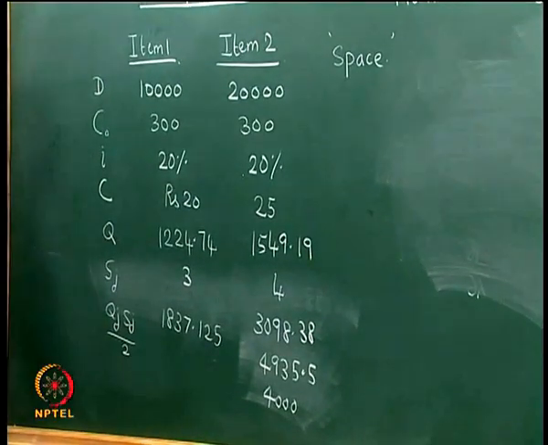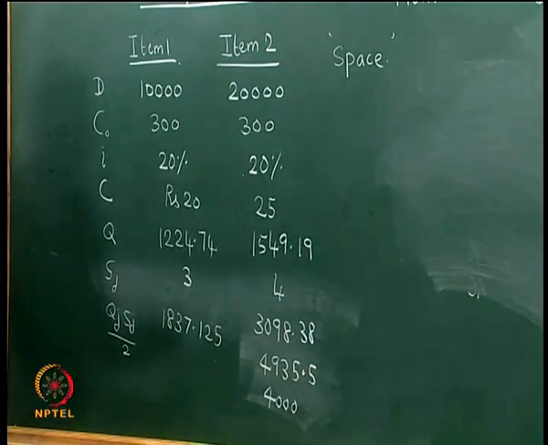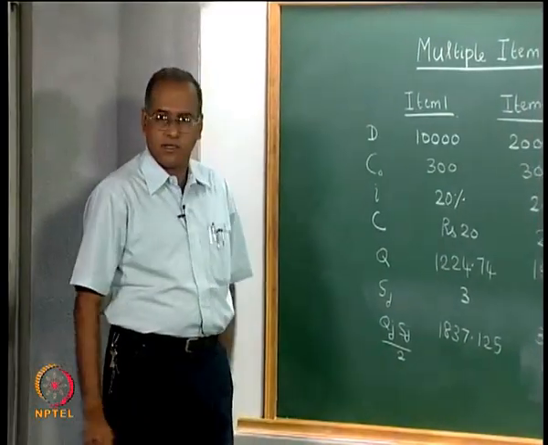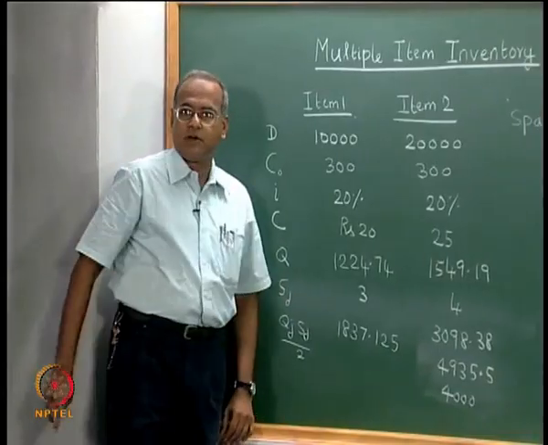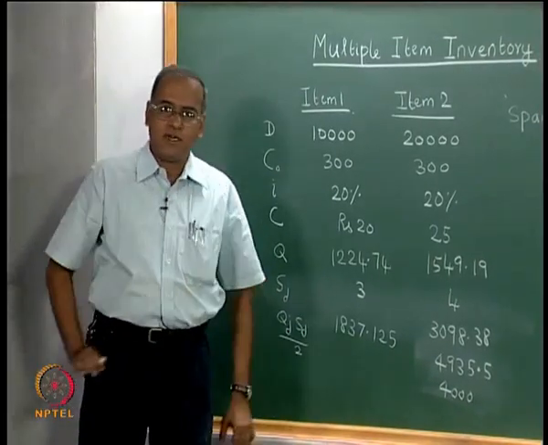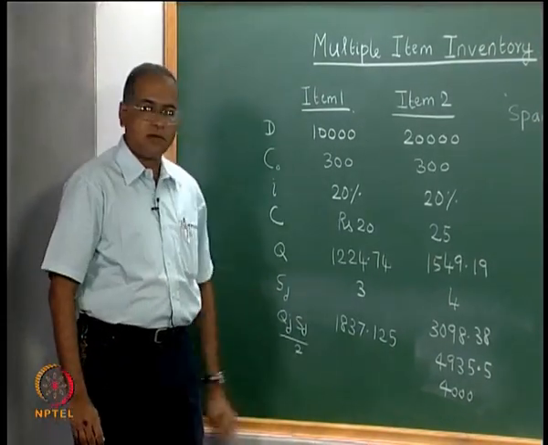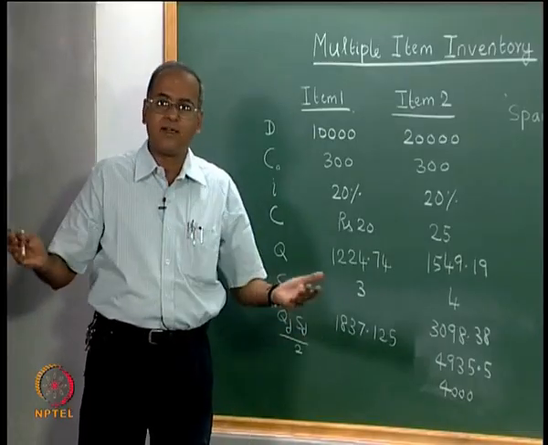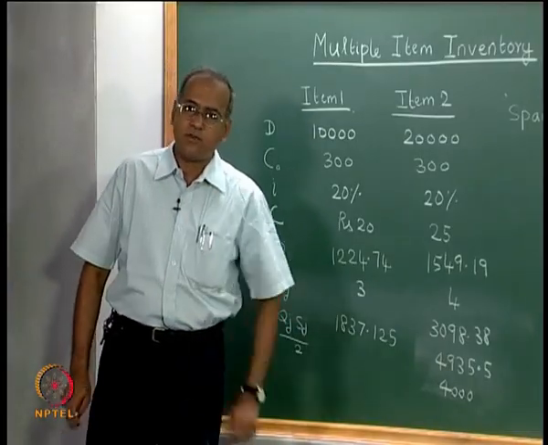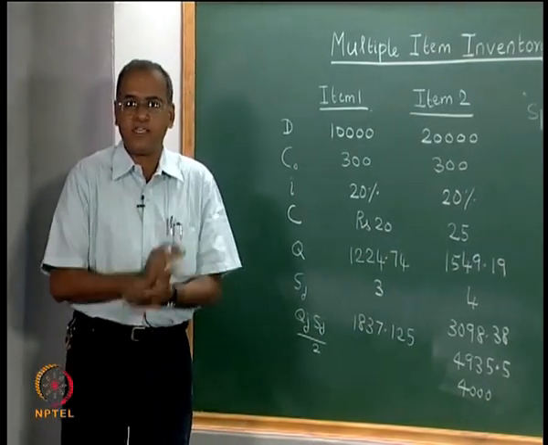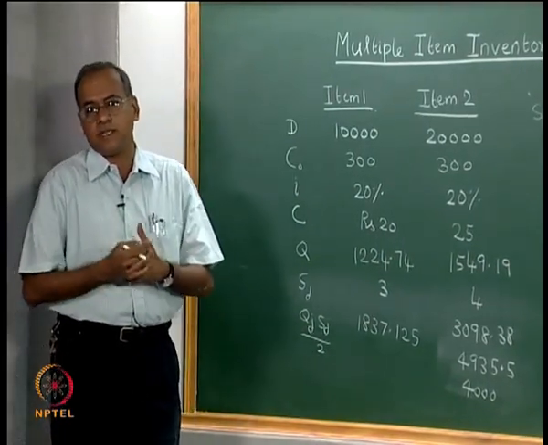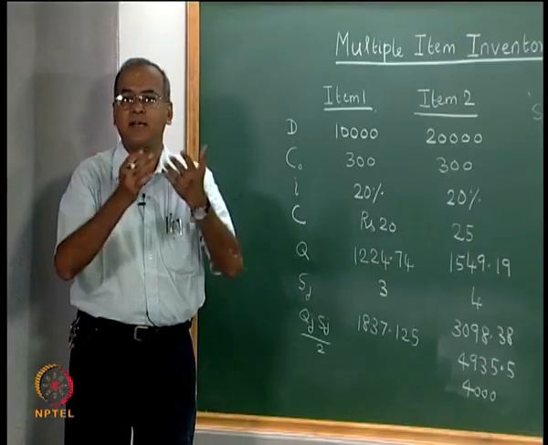Before we actually solve the problem, let us look at one small aspect. Here we have assumed the space requirement for the average inventory, and we have not looked at the space requirement for the entire inventory that arrives. So there is this question whether the space requirement is for storing the average inventory or the entire inventory.